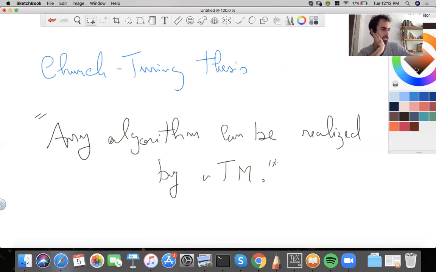In a certain sense, this means that anything that you can write down an algorithm for can be done in a Turing machine, or that Turing machines are as powerful as you can get. There is nothing more powerful than a Turing machine, with that definition of the machine with the tape and the transition function.